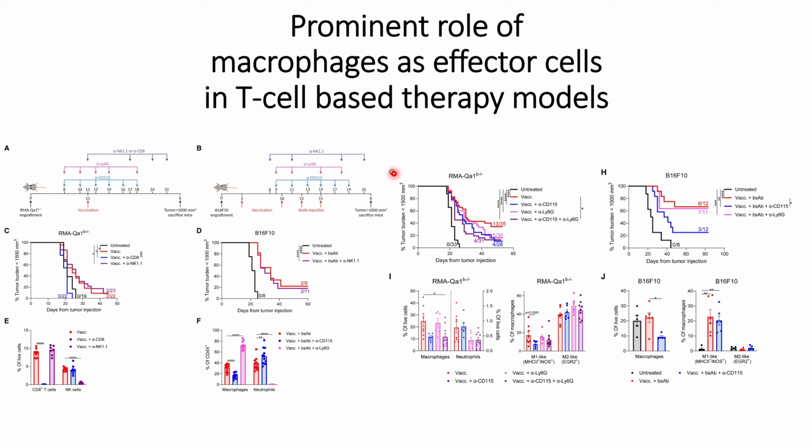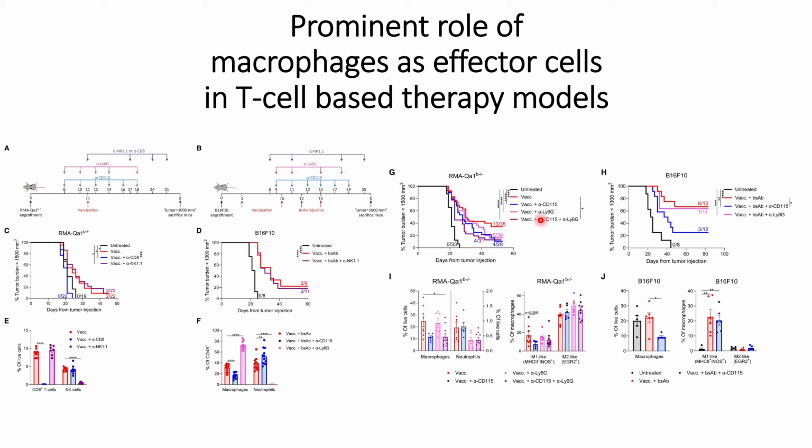Along with that, what they also found in panel G is that with the reduction in either CD8 plus cells or the macrophages, or both of them, they see a decrease in the survival rate. That can be seen here: when they used anti-CD115, that is, against macrophages, they see a change compared to the untreated cells.